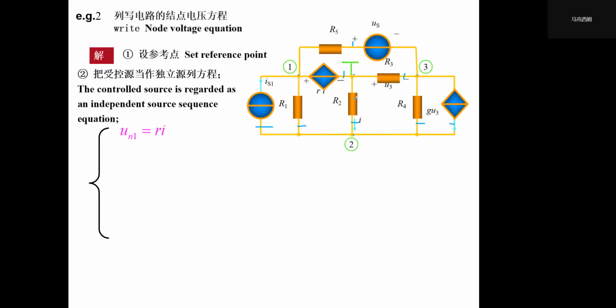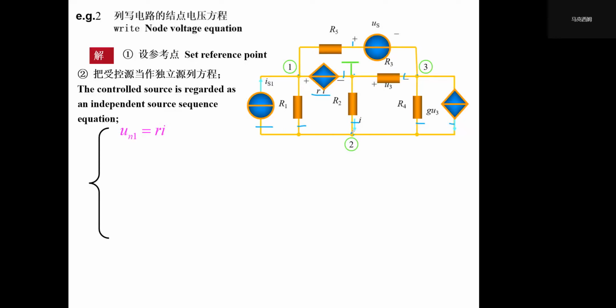So we see that Un1 is directly U equals Ri, where Ri is the voltage of the controlled voltage source. So we don't have to list the node voltage equation for node 1.